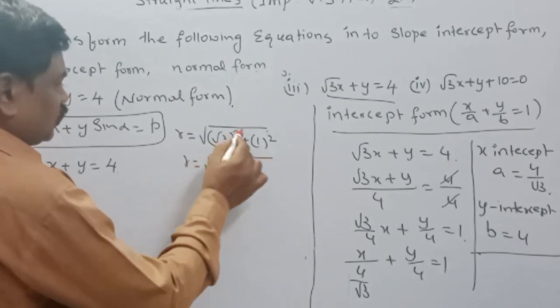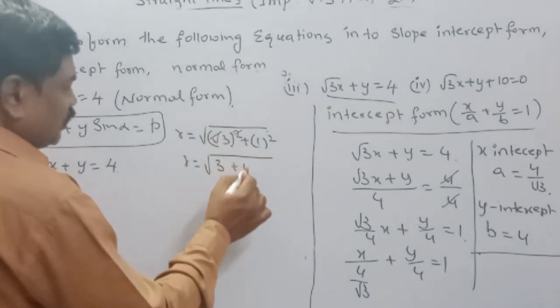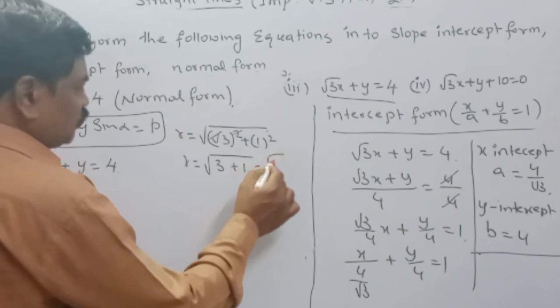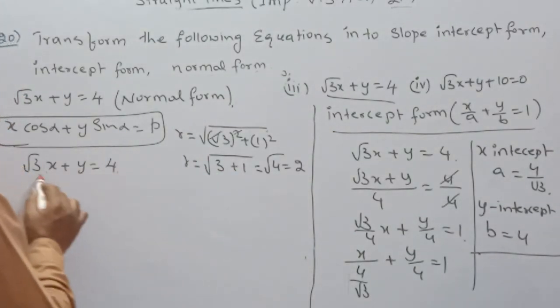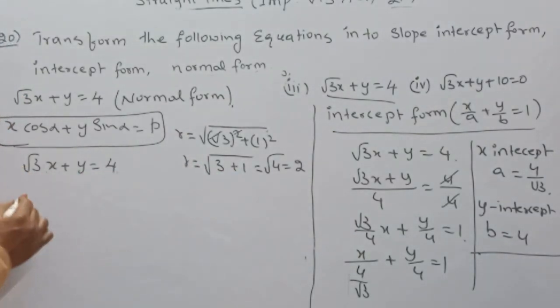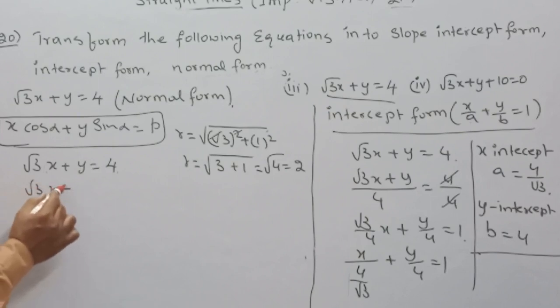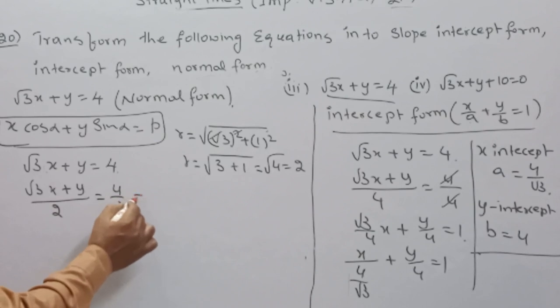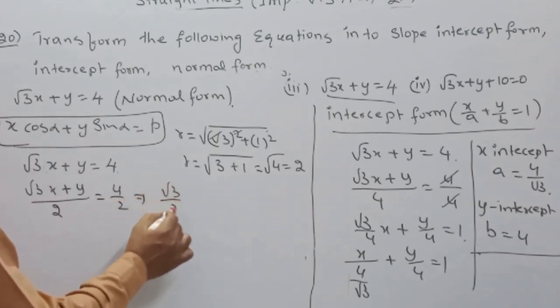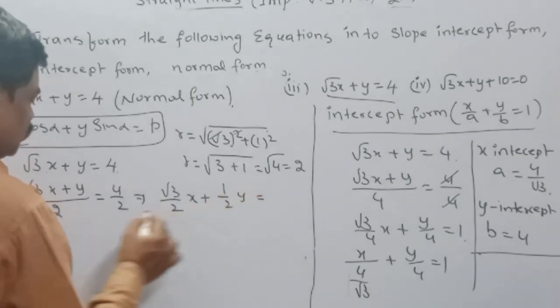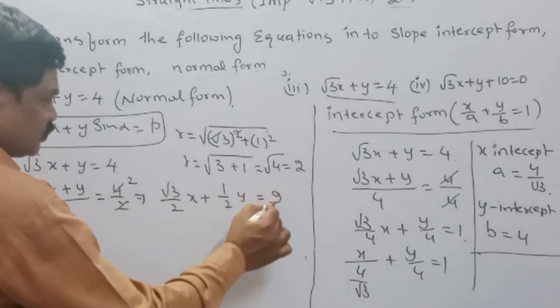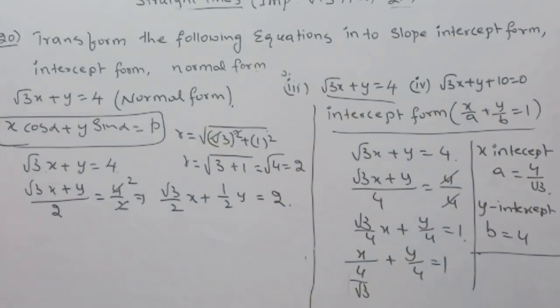R is equal to root of 3 plus 1, which is root 4, which is equal to 2. That is the r value. Then you have to divide this equation by r, that is (root 3x plus y) by 2 is equal to 4 by 2, which implies root 3 by 2 x plus 1 by 2 y is equal to 2. This is 2. Okay, all of you.